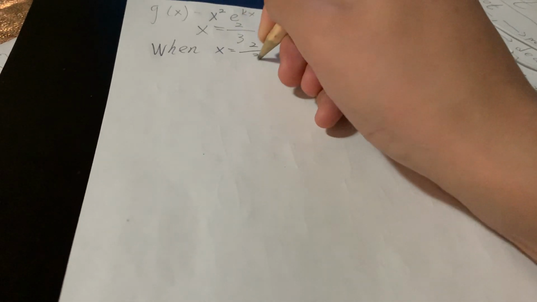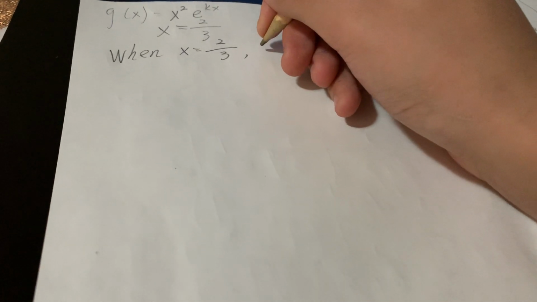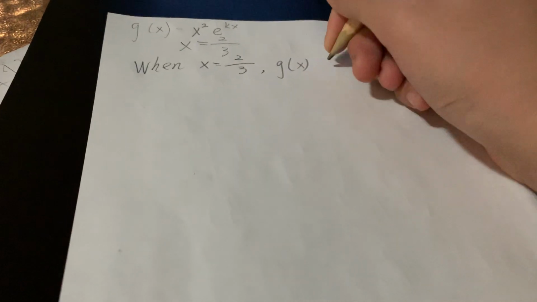In this case, when x is equal to 2 divided by 3, g(x) has derivative.